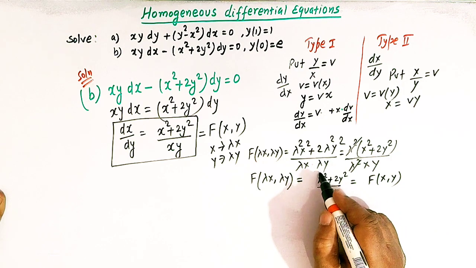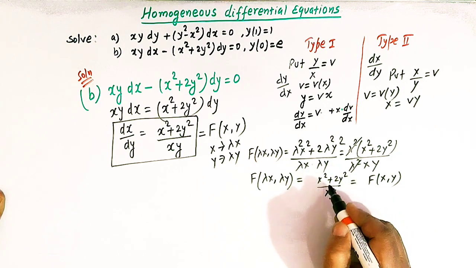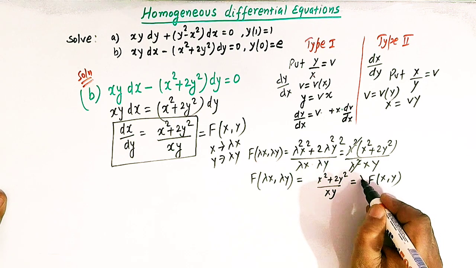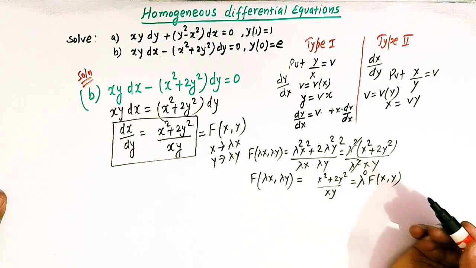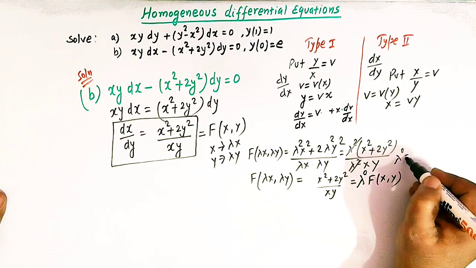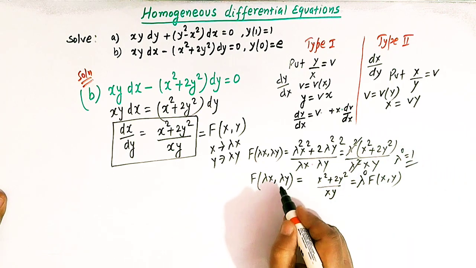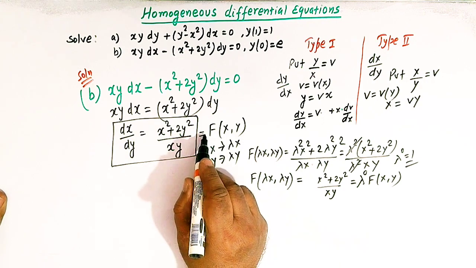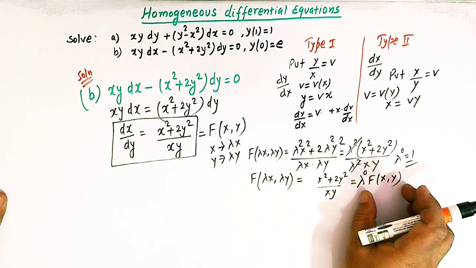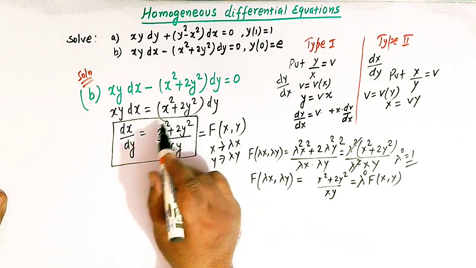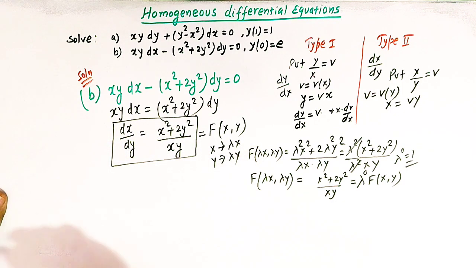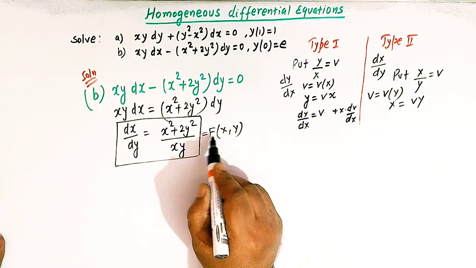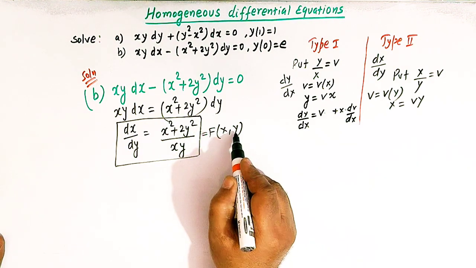So it means this function is independent of lambda, right? So we can also write it here as lambda raised to 0, because lambda raised to 0 is equal to 1. So whenever we express a function f of x comma y like this, then the function is said to be homogeneous, right?